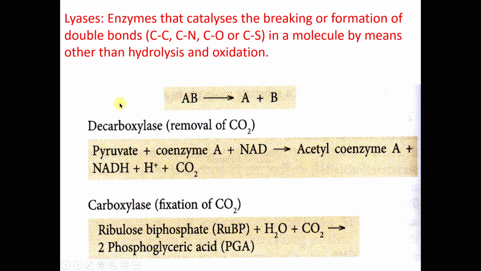So decarboxylase, again we have the word D, carbo, so meaning to say the removal of carbon dioxide. So decarboxylase catalyzes the formation of acetyl coenzyme A with NADH, hydrogen ion and carbon dioxide from pyruvate, coenzyme A and NAD.